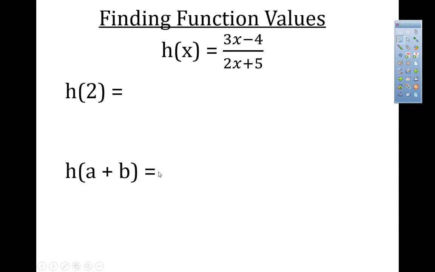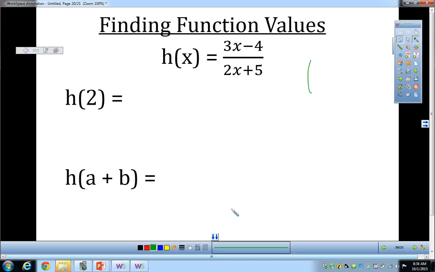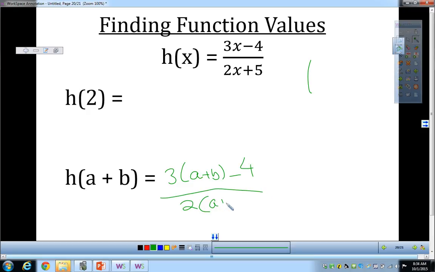H of 2, plug in 2. H of a plus b, plug in an a plus b everywhere you see x. Let's just do h of a plus b would be 3 times a plus b minus 4 over 2 times a plus b plus 5.